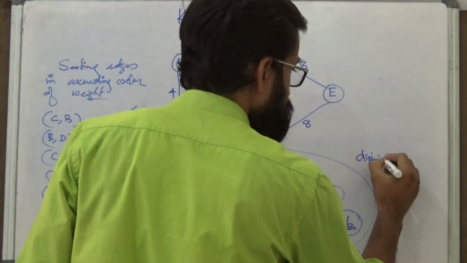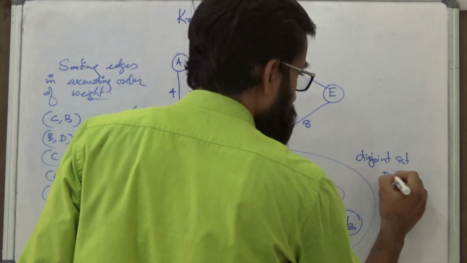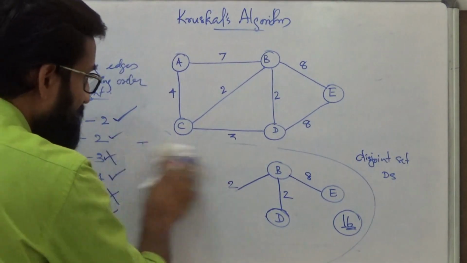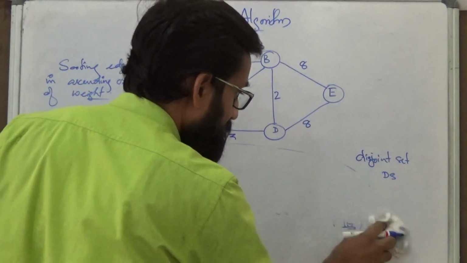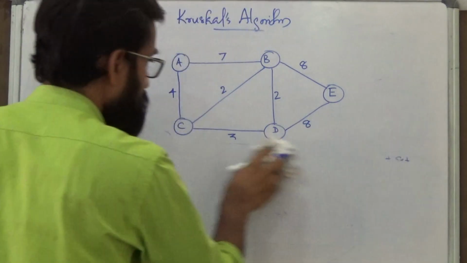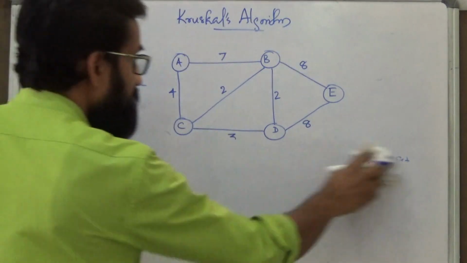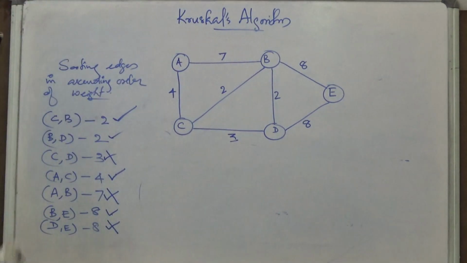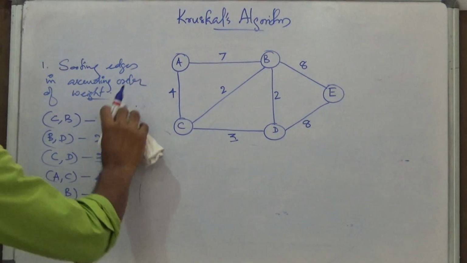Disjoint set data structure. So let me explain Kruskal algorithm from the implementation aspect using disjoint set data structure. So first step is sorting edges in the ascending order by weight.